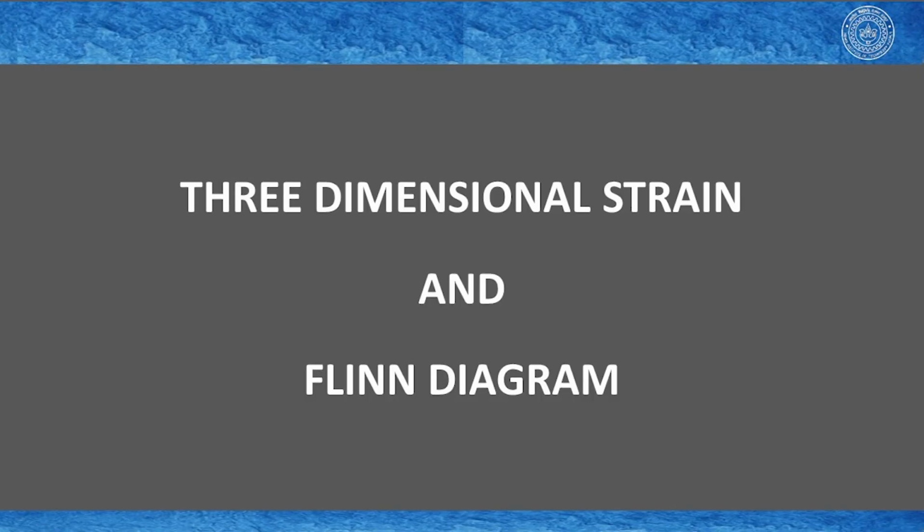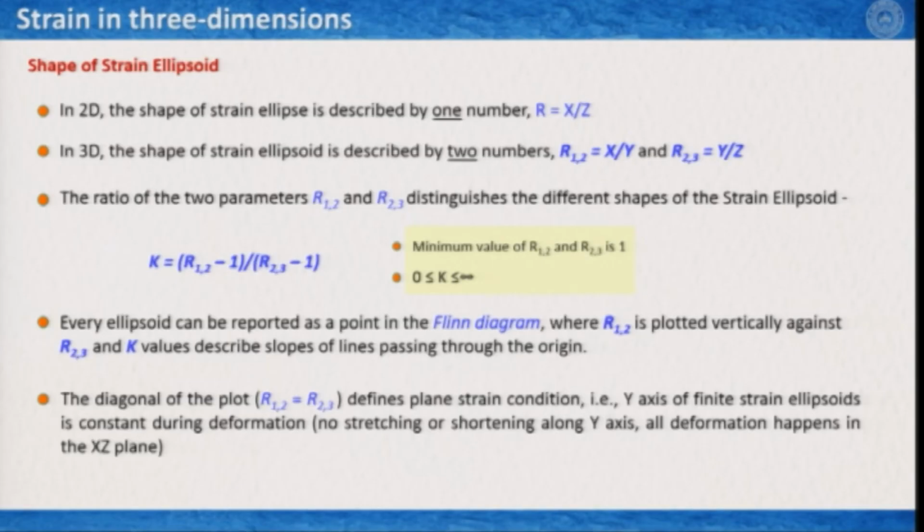The description of three-dimensional strain ellipsoid is best represented in Flynn diagram. So, in 2 dimension, the shape of the strain ellipse that we have described by only one number, that was r, which was the ratio of long axis versus short axis.